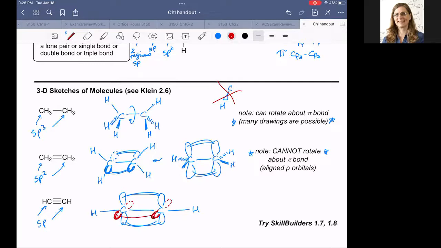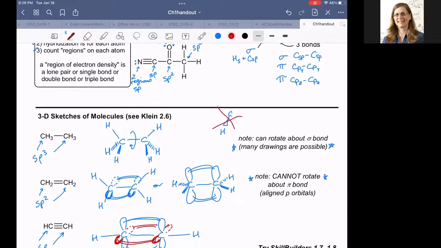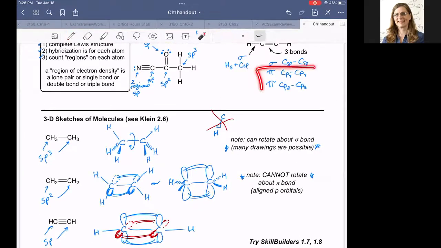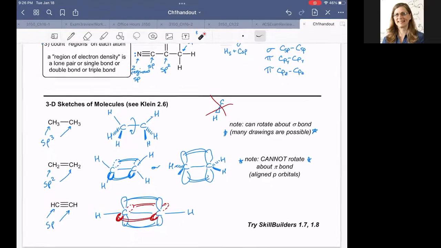And then we can connect the PZ front and back. And that's how we could show 2 pi bonds. Remember, the triple bond can be described as 2 pi bonds and 1 sigma bond. Here's our sigma bond, and there are 2 pi bonds. So that's a triple bond.